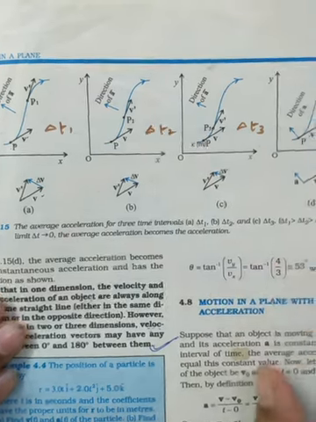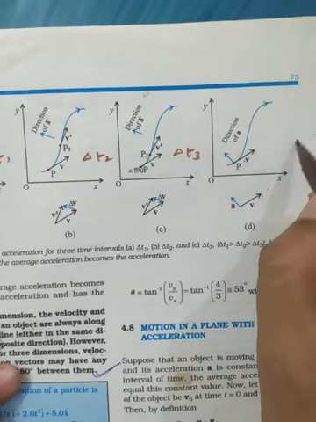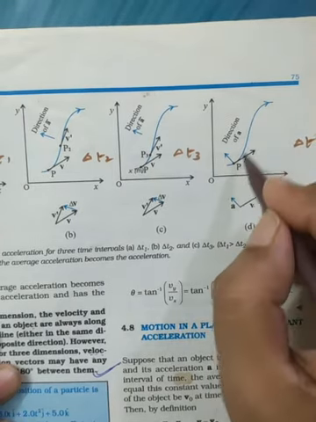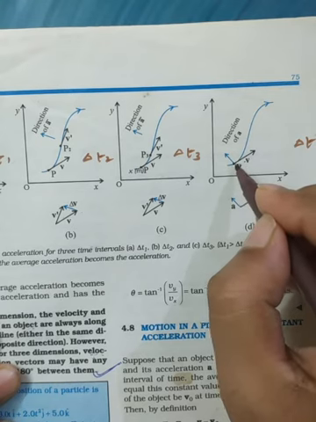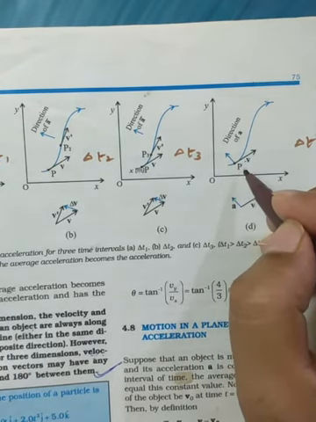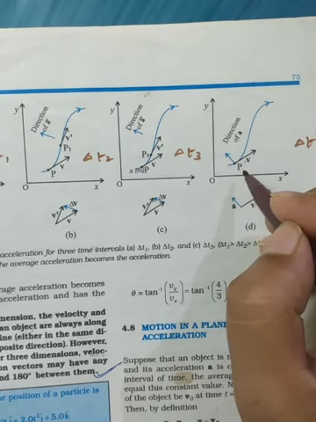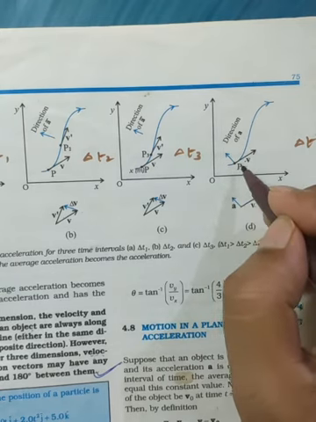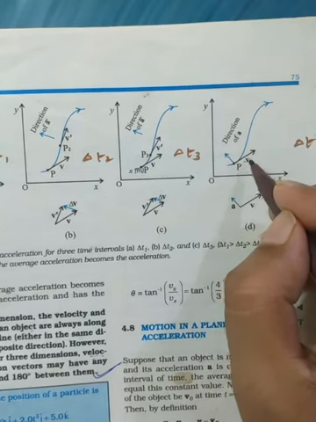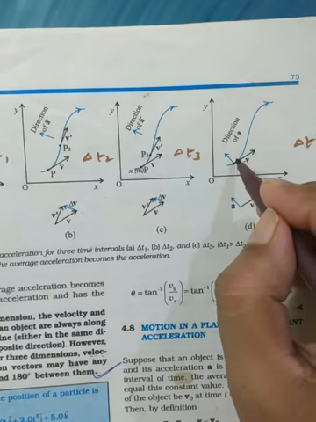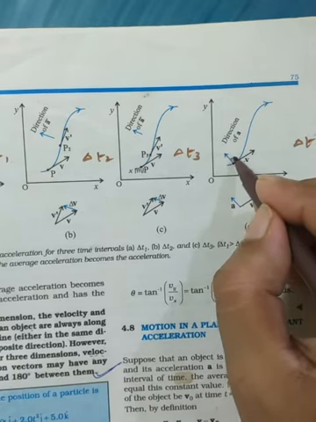In the last case, when delta t approaches 0, the average acceleration becomes the instantaneous acceleration. Here we get the direction of the acceleration and the velocity, which have some angle with each other.